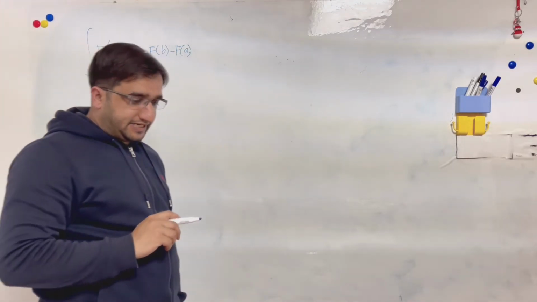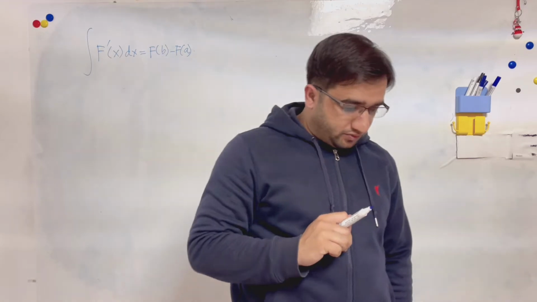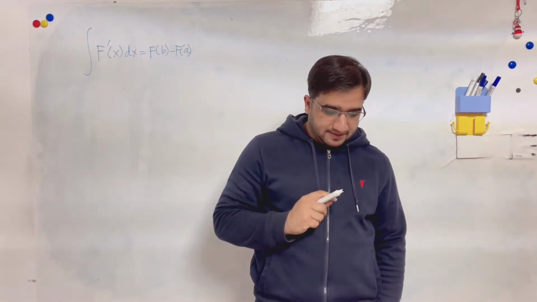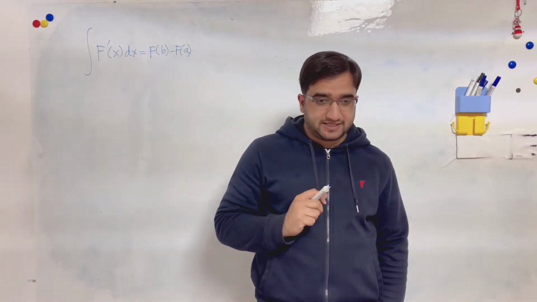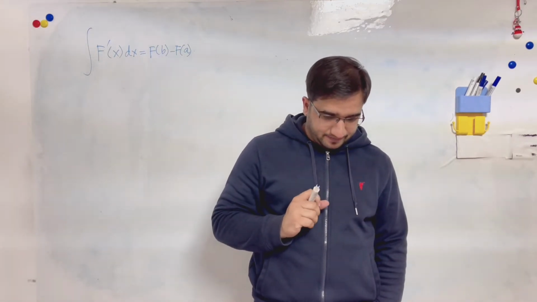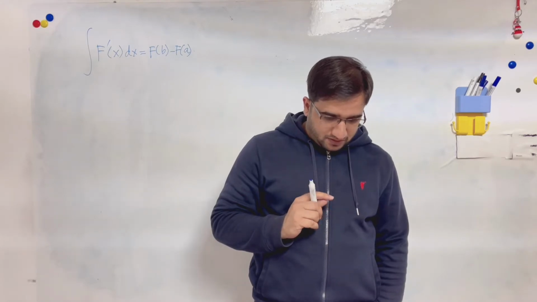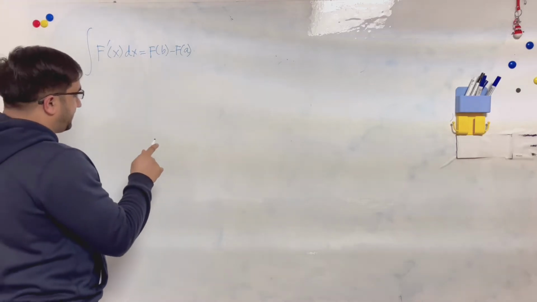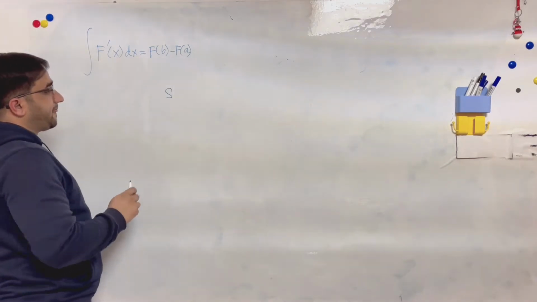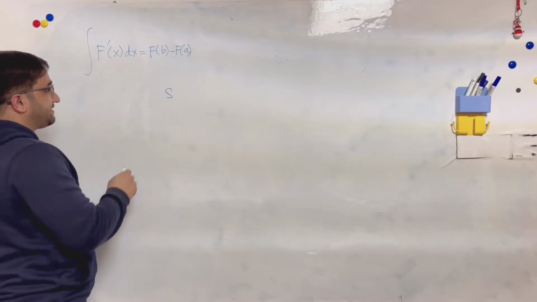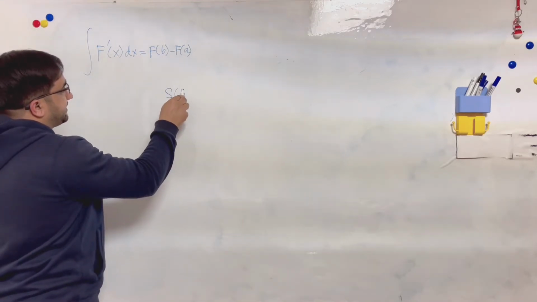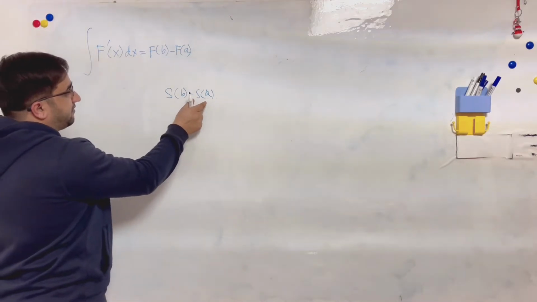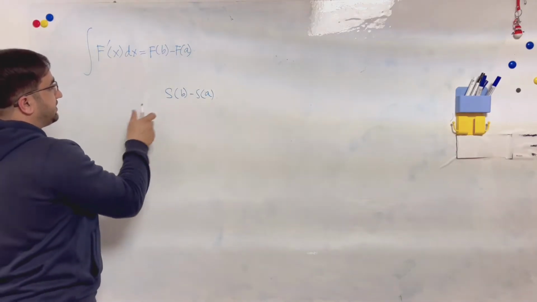Now the first application is, if you want to calculate the displacement and the distance. In general, I am saying s is the symbol used for the distance, then on the right it will be something like s of b minus s of a, the distance at the final point minus the distance at the initial point.